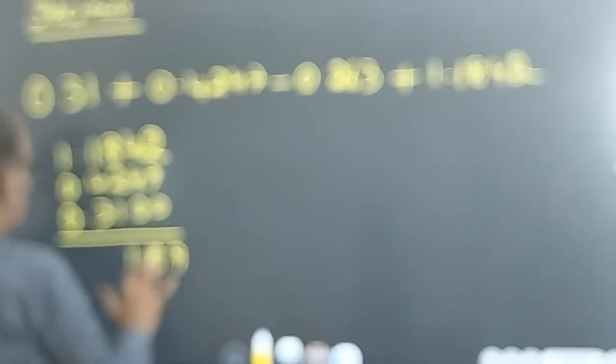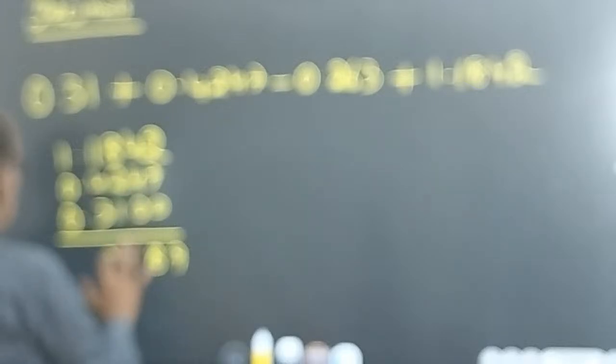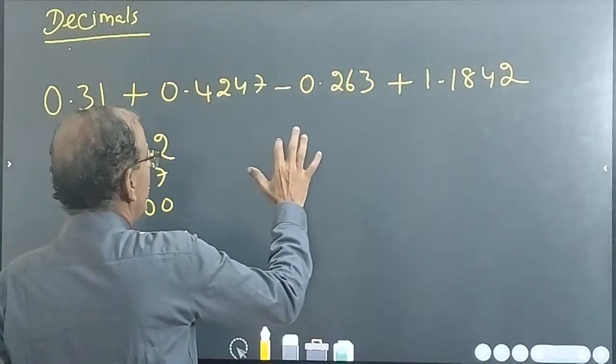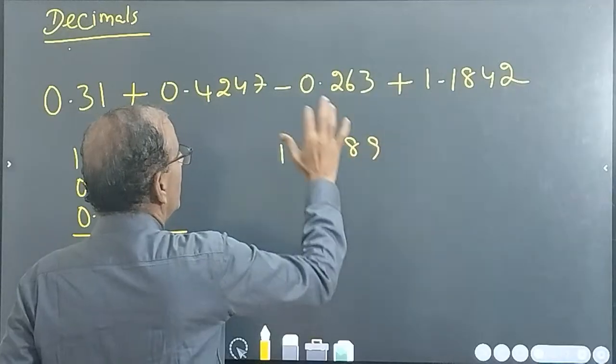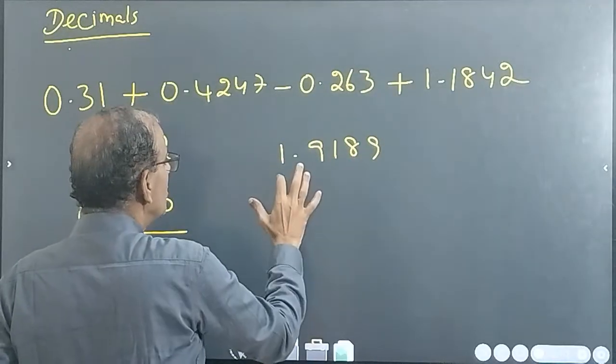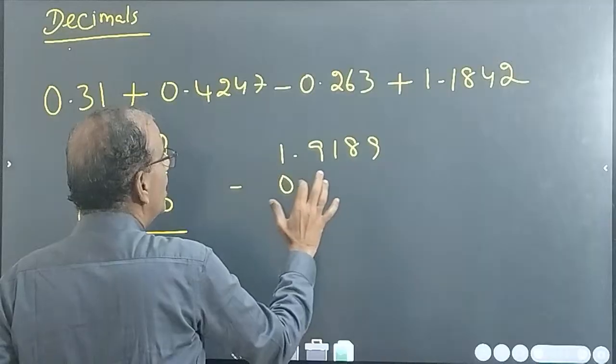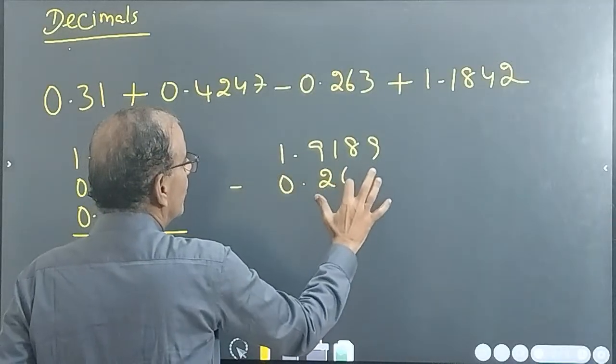So you add 0 here. How much does it come to? 1.9189. You write this 1.9189. Here how much is the minus? 0.263.